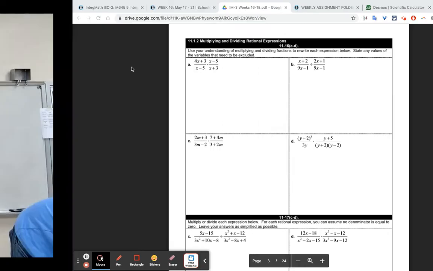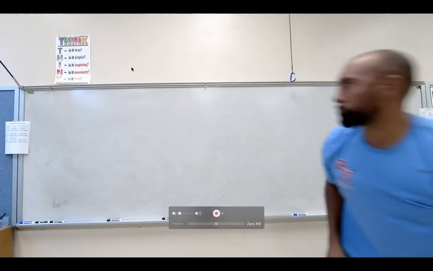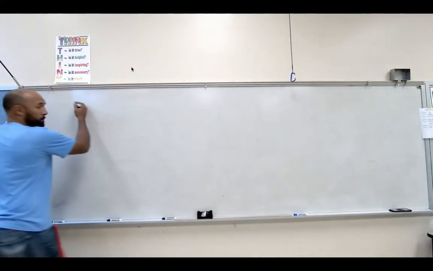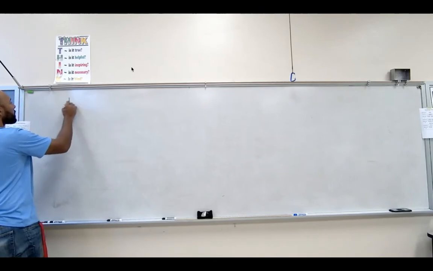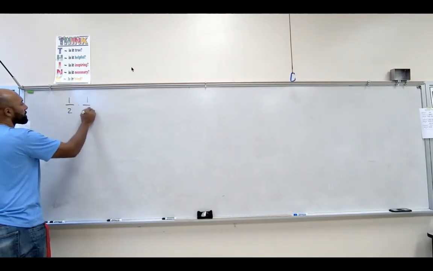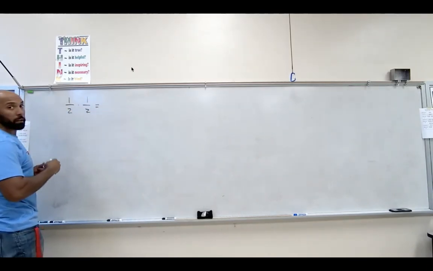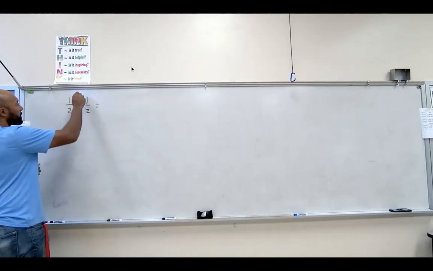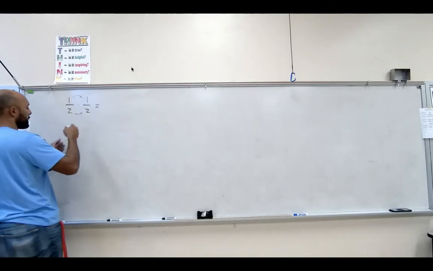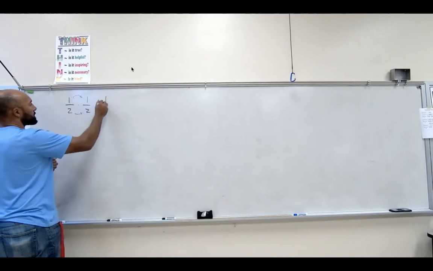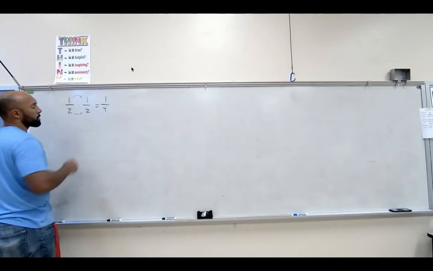So if I'm looking at this first problem, let me give you an example. If I had, let's just say, 1/2 times 1/2. To multiply fractions, remember that we multiply the numerator, multiply the denominator, and in this case I would have 1 times 1 is 1, 2 times 2 is 4, right?